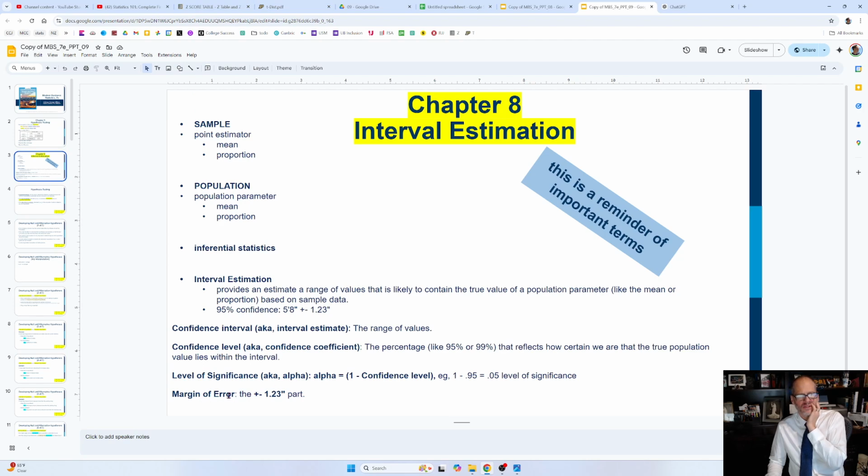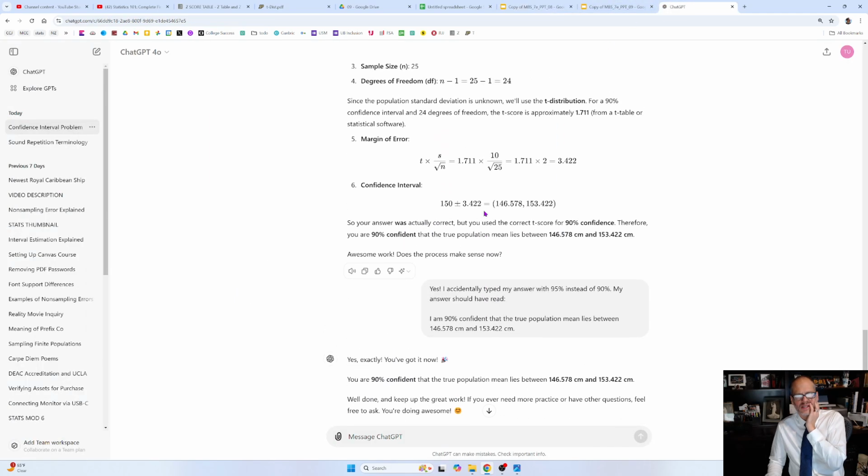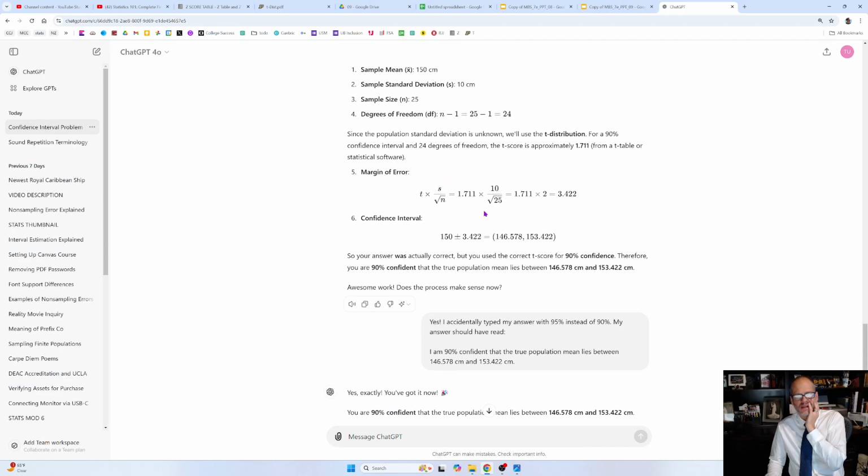And then we have the margin of error. And the margin of error is the plus or minus part. And that margin of error is made up of our standard error. So we could come back to ChatGPT. This is a question I actually wanted to ask ChatGPT. And we could copy, here's our margin of error. So I'm going to copy this.